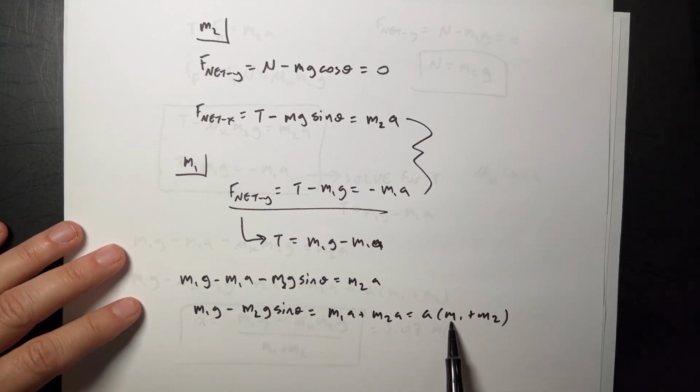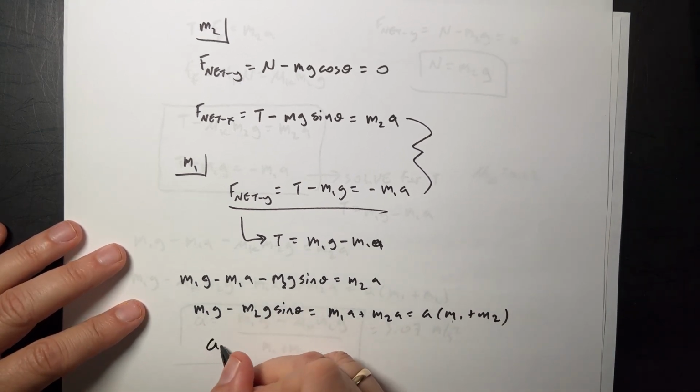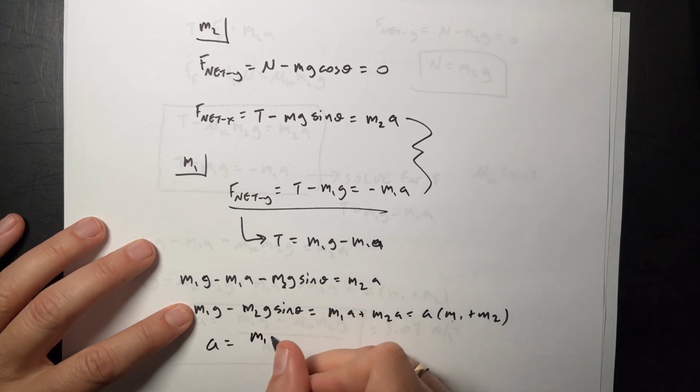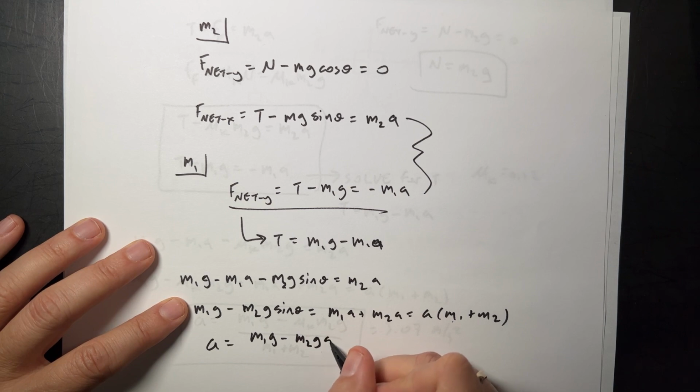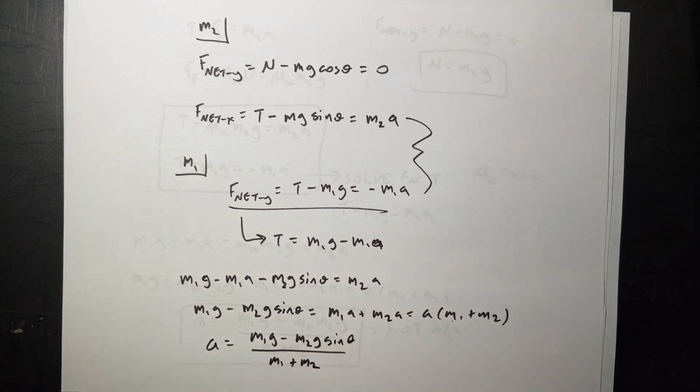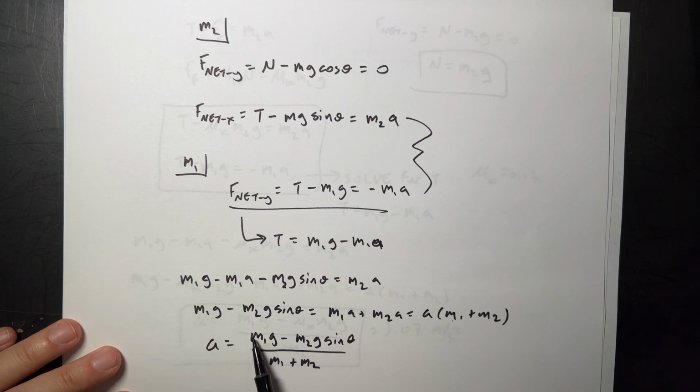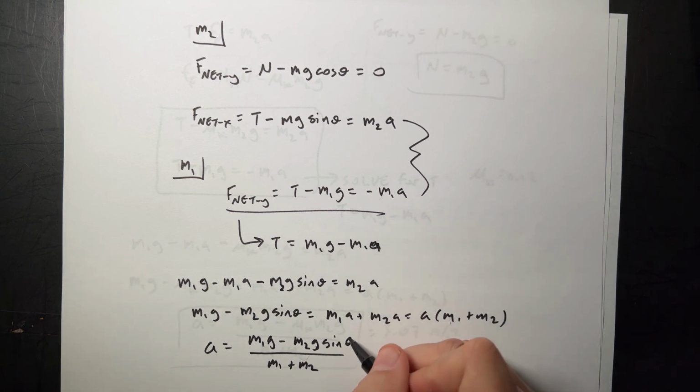And now I can divide both sides by m1 plus m2, and I get a equals m1g minus m2g sine of theta over m1 plus m2. Now again, we have a check, right? I could check the units. Masses cancel. Meters per second squared, meters per second squared. Sine theta is a ratio, it doesn't have any units.